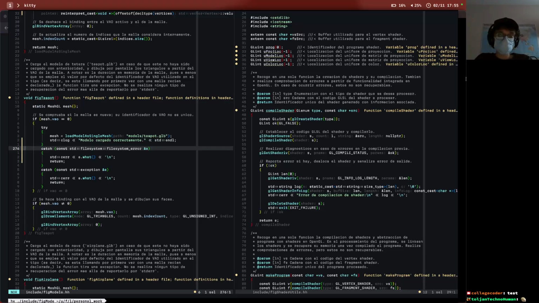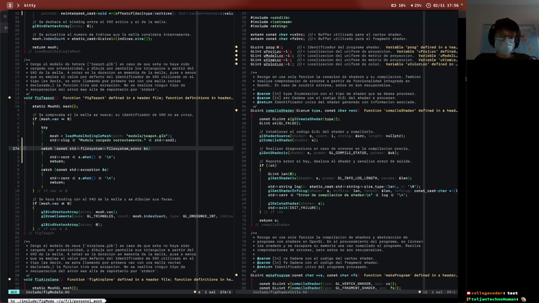Because this way it's just an early return. And the next time in the rendering loop that we call display, which is the function we always use in the rendering loop for all of our business logic and the actual problems for the labs, I use fig teapot.